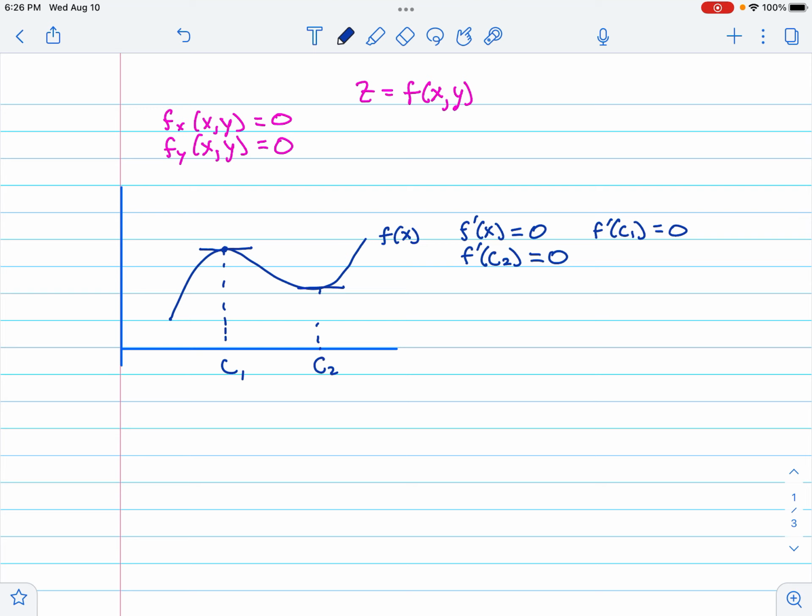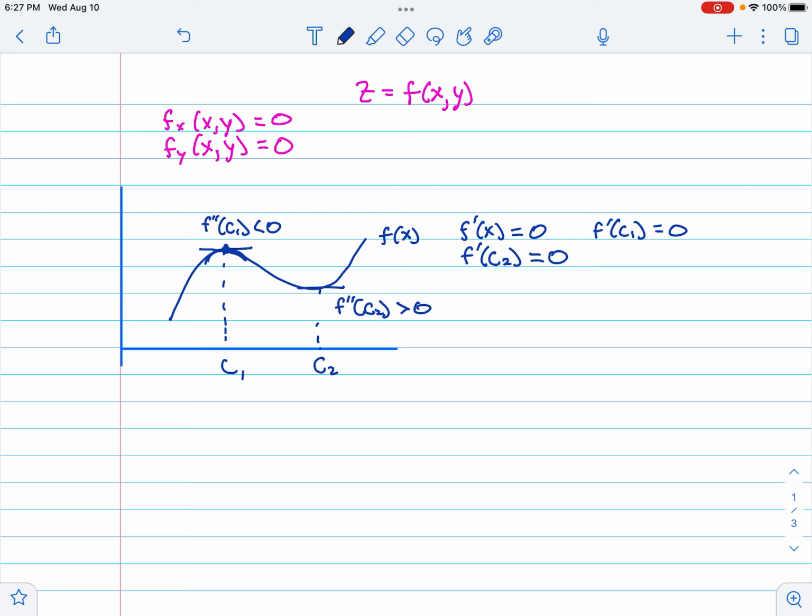Okay, so now we also took note of this. Notice where you have a max, that corresponds to concave down. So look at that, concave down. So in other words, the second derivative at this point is less than 0. And the second derivative at this point, c2, is greater than 0.